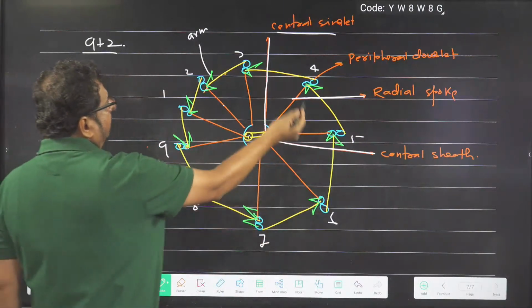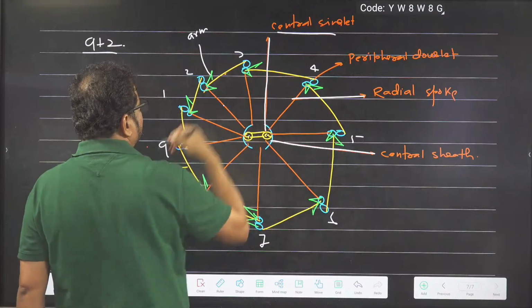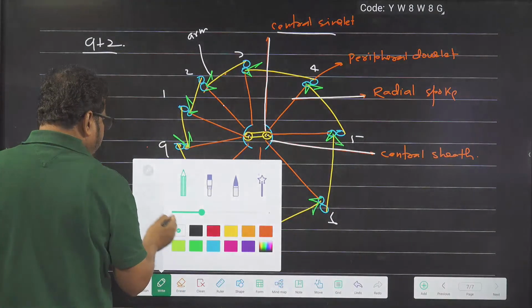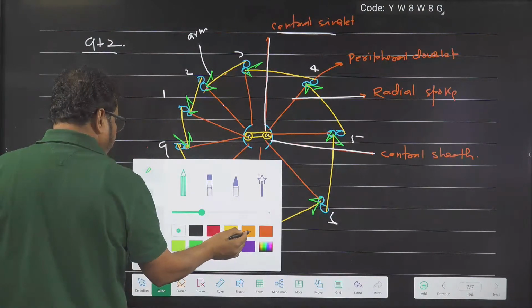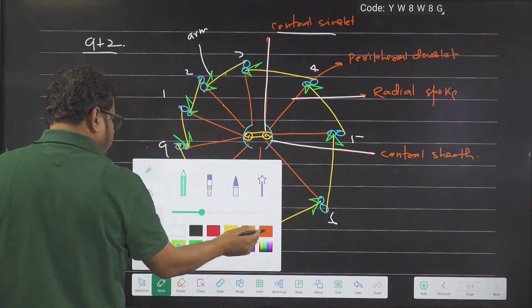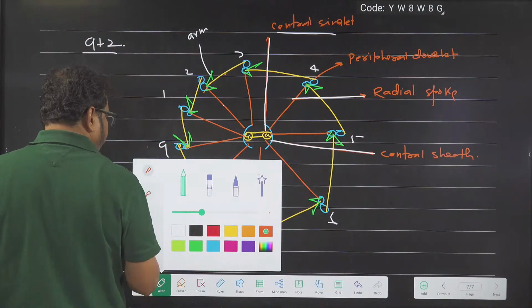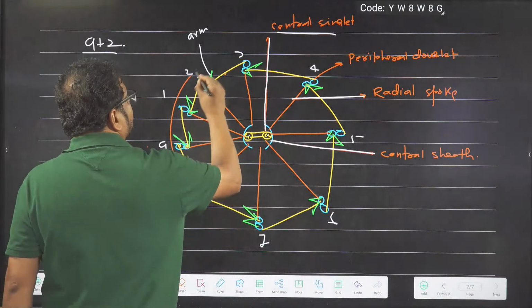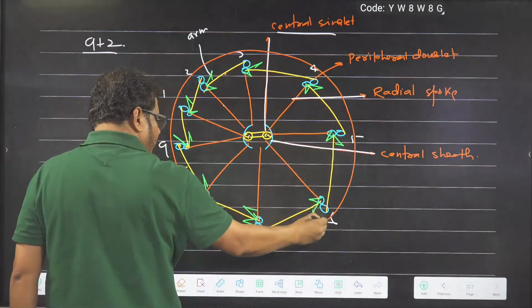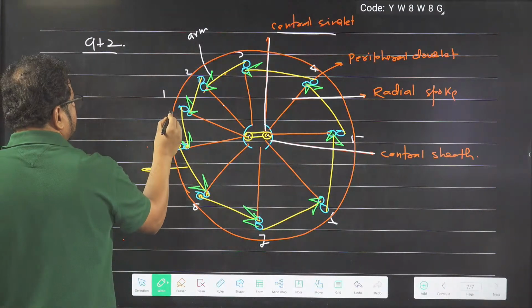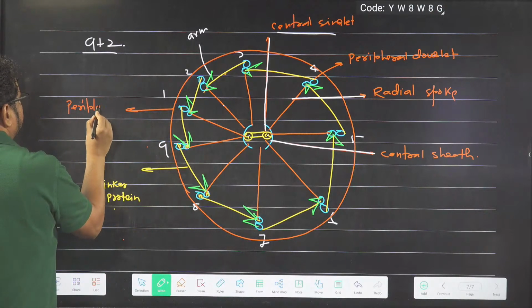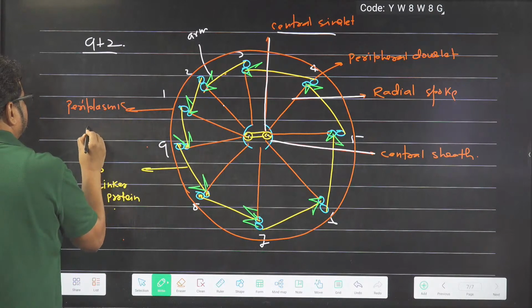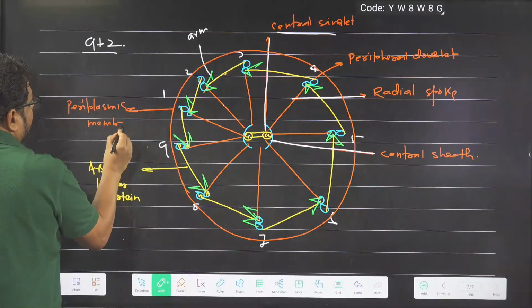So this is the ultrastructure of which one? Axoneme. And when this axoneme is surrounded by plasma membrane, it is cilia and flagella. So this is the ultrastructure of a cilium and flagellum. It is called the periplasmic membrane.